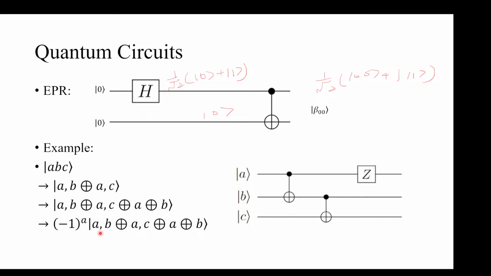It's just minus 1 to the A times A, B plus A, C plus A plus B. Actually, it's just a computational basis state with a phase, because you don't have things too weird here.